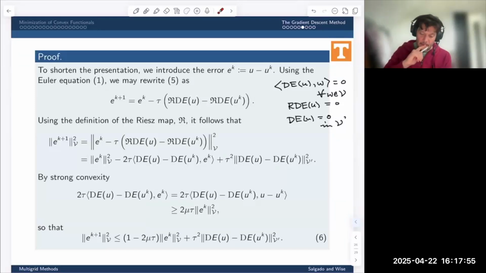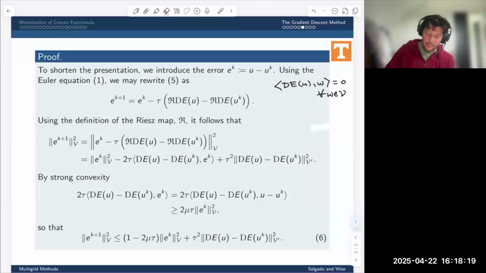Now, another thing I know about the Riesz map: remember that the Riesz map gives us the object in the Hilbert space which is the representer of the linear functional. What do we know about that?